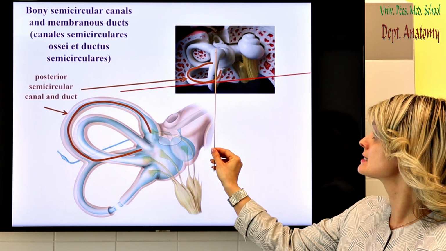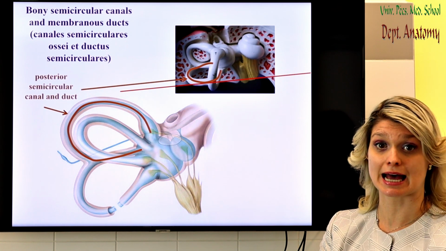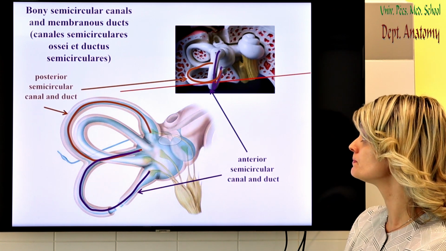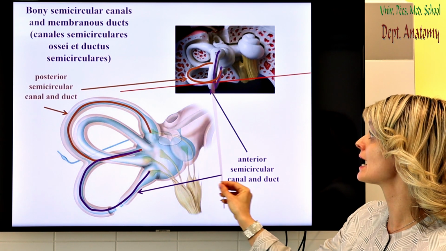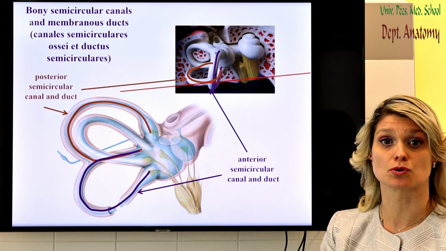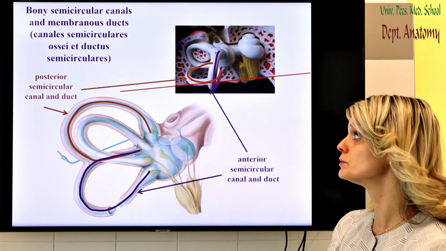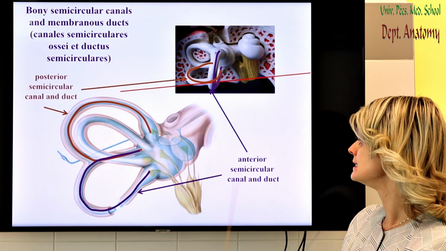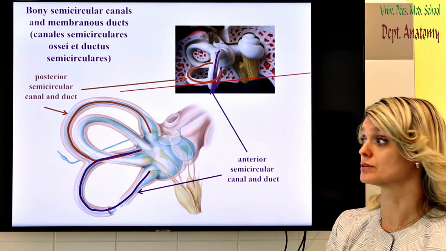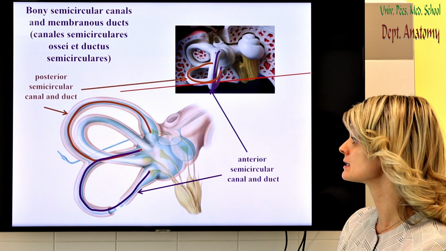The next semicircular canal has a perpendicular direction. It is perpendicular to the axis of the petrosal part of the temporal bone. This will be the anterior semicircular canal and semicircular duct.